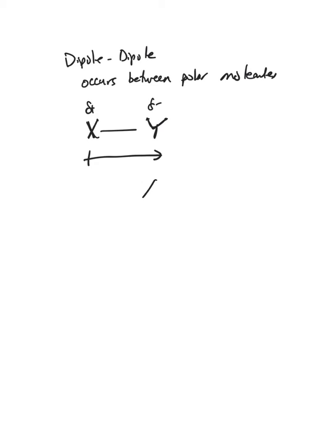And what can happen is these molecules can have attraction between the partial positive and the partial negative atoms. The greater the attractive force, the more tightly these molecules are held close to one another.